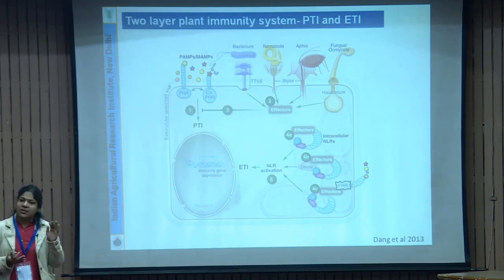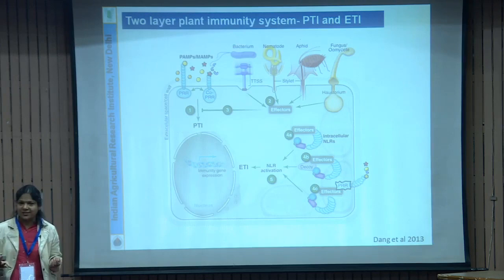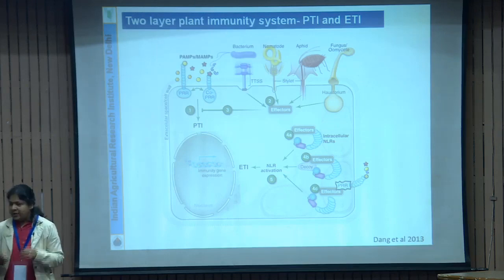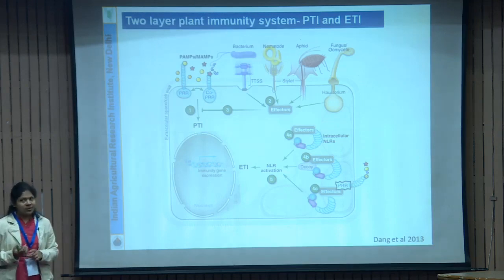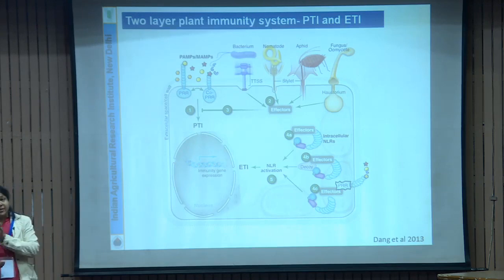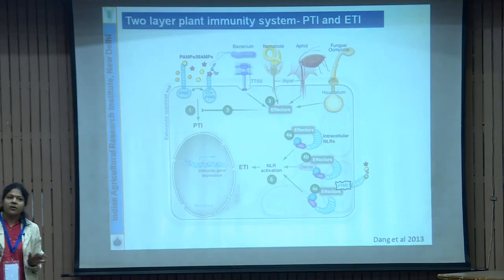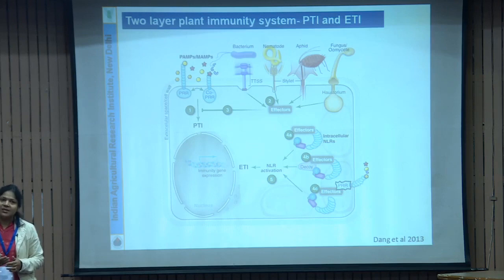Some of the genes may be suppressed because of DNA methylation, some of the genes may be acted upon because of histone modifications, which we do not know till now. We know this two-layered plant immunity system is working, but we do not know that the differential expression of those genes may be because of certain epigenetic controls also. Till now we were looking only towards the genetic control of those genes, but there could be some epigenetic controls of those genes which are giving the resistance response to plants.